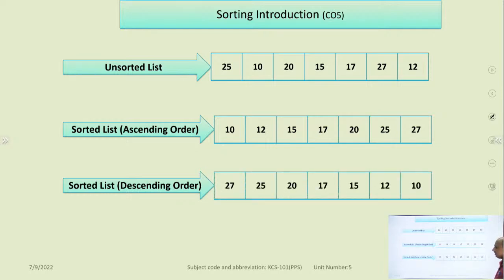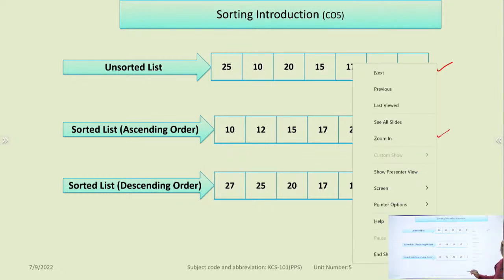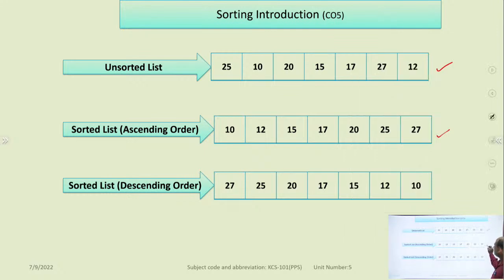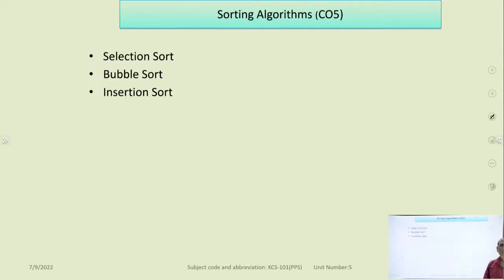So we are given this type of list and we want to convert it by our programming logic into ascending or descending order as the requirement of our program. We will understand three sorting techniques: first the selection sort, next the bubble sort, and last the insertion sort. These three sorting techniques will be covered here.